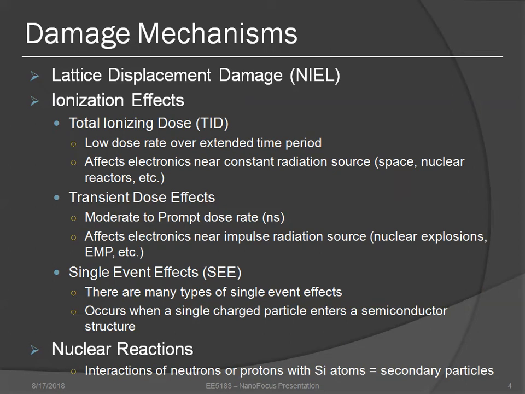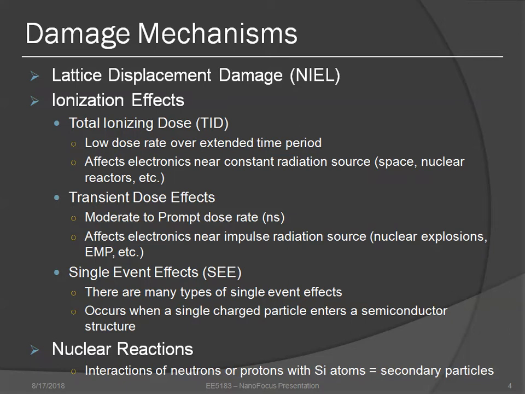Radiation can affect electronics in a number of different ways. On this slide I've broken it down into three damage mechanisms: your lattice displacement damage, also known as non-ionizing energy loss, NIEL. Your ionization effects can be further broken down into total ionizing dose, TID, which is a low dose rate over an extended period of time, or your transient dose effects, which is a higher dose rate for a shorter period of time, and your single event effects.